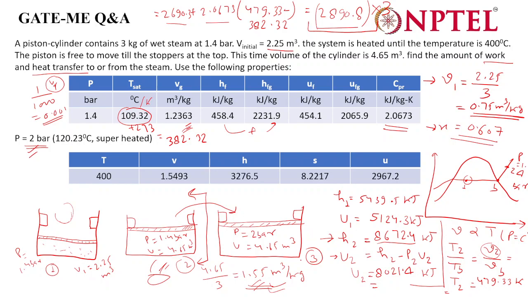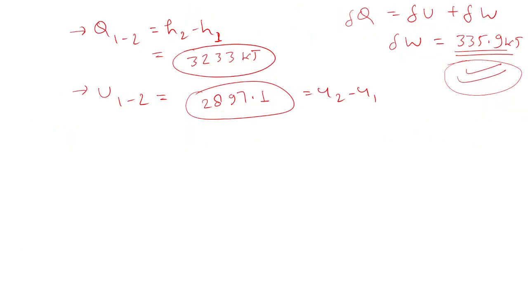So from 2 to 3 is a constant volume process, and here for the constant volume process work done would be zero. Again we will write del q is equal to del u plus del w, and here work done would be zero, right? So the amount of heat you have to give would be the change in internal energy, correct?